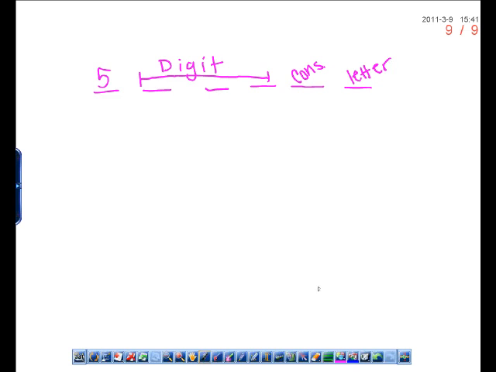All right? So, how many options are there for the first spot? 1. How many options are there for the next spot? 10. And the next one? And the next one? 0 through 9. There are 10 digits. How many possible options are there for the 5th spot? 21.